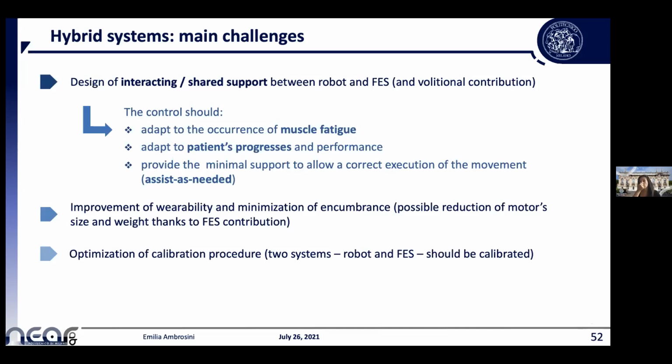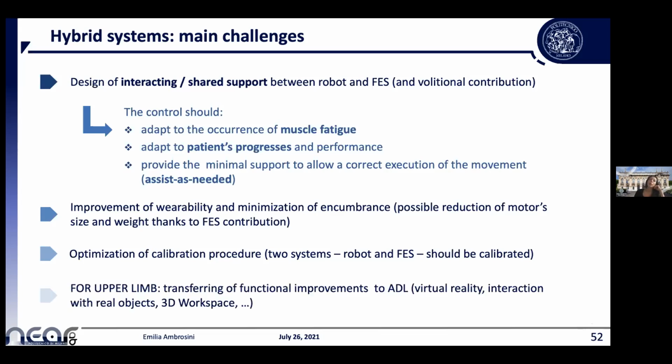So we should really try to find a practical solution so that we do not prolong too much the time for wearing the system. Electrodes should be textile electrodes, probably included into the brace of the motor of the robots, so we do not double the time needed to set up the two systems.